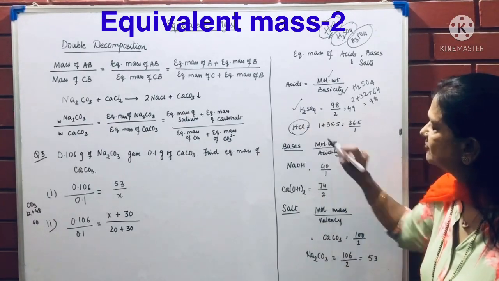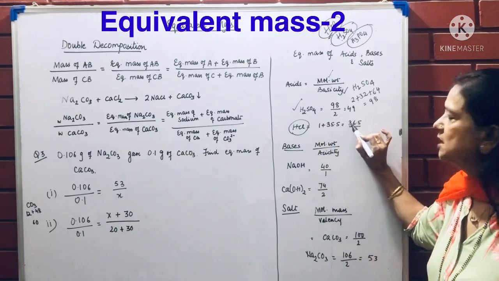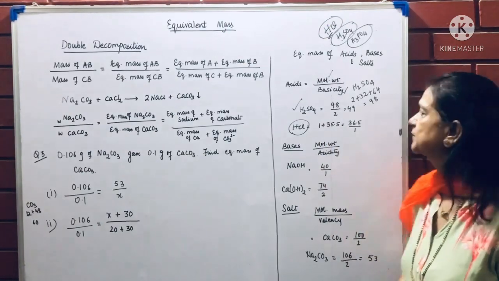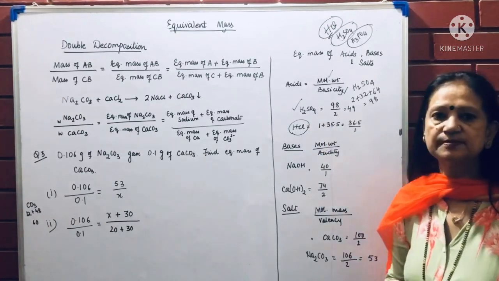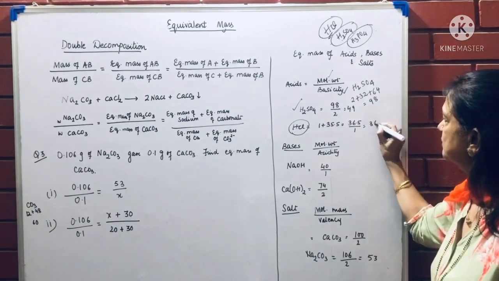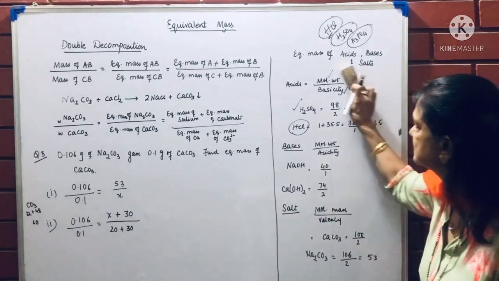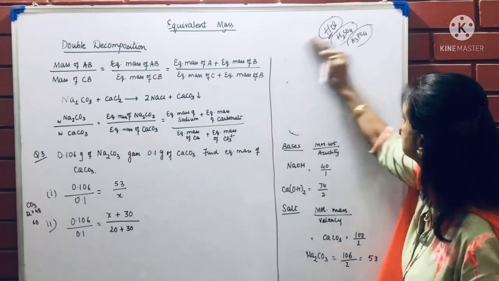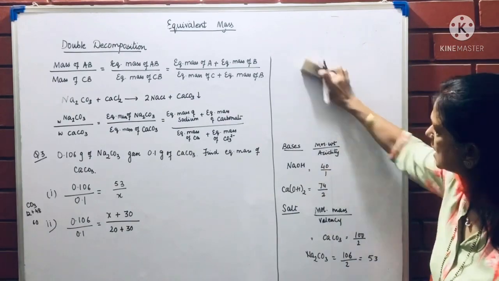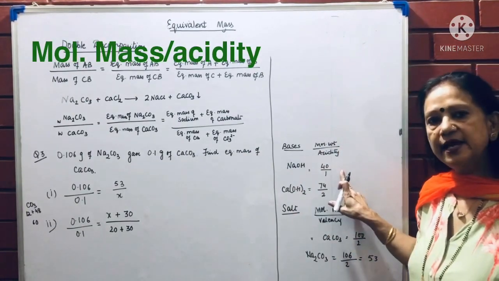Similarly for HCl, I'll first find the molecular weight: 1 plus 35.5, which is 36.5, divided by 1 because its basicity is 1. So it is 36.5. For any acid, molecular weight upon basicity. Now if I am looking at bases, molecular weight upon acidity.